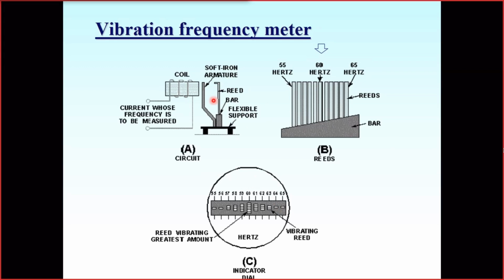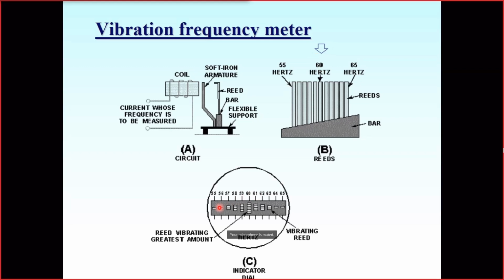So the reed whose own resonant frequency corresponds with the frequency of the current will oscillate with the highest amplitude.